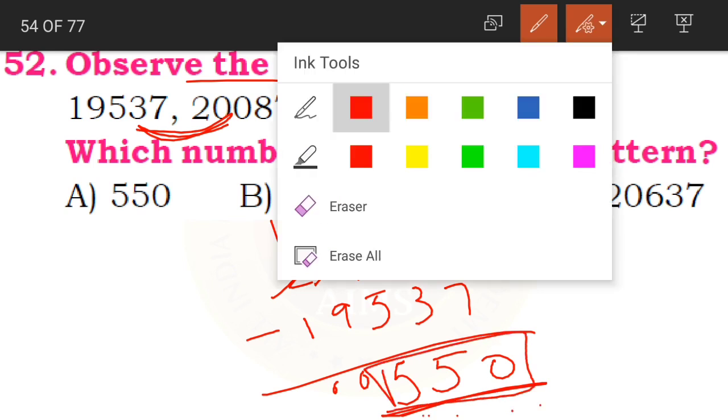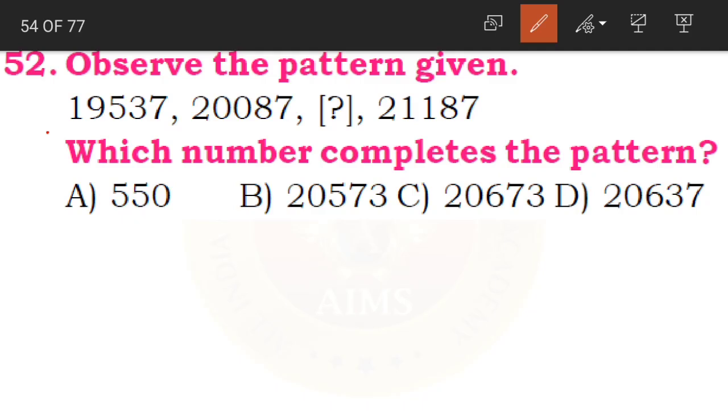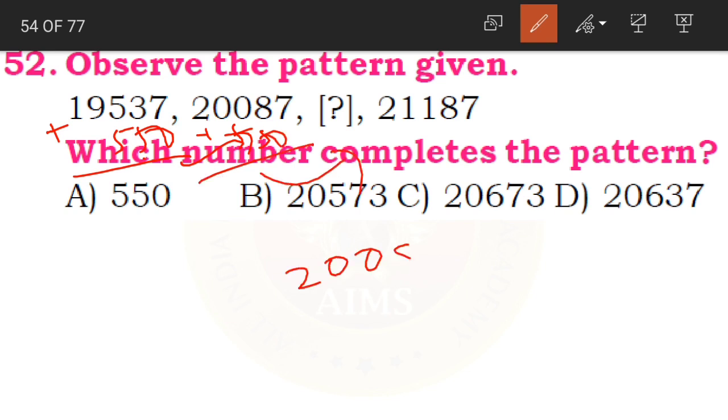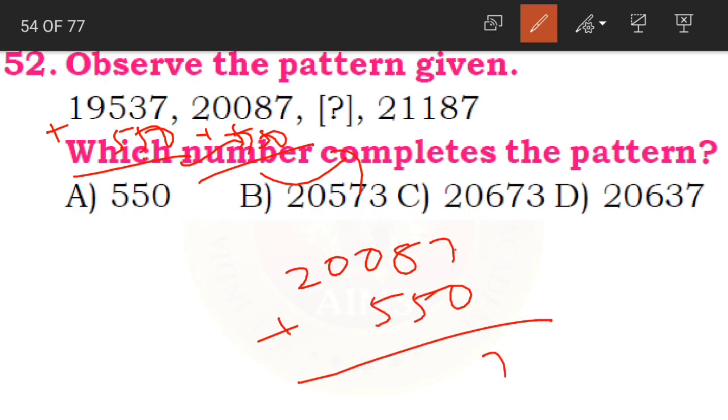That means 19,537 plus 550 is equal to 20,087. Now when we add 550 to the second number, we will get our third number. So 20,087 plus 550. 7 plus 0, 7. 8 plus 5, 13. 6, 20. Yes, 20,637. That is our option D.